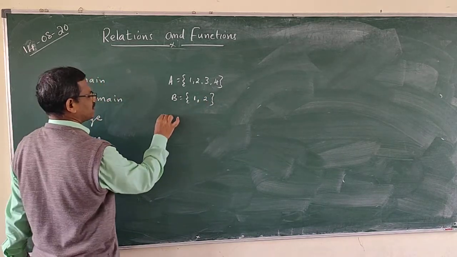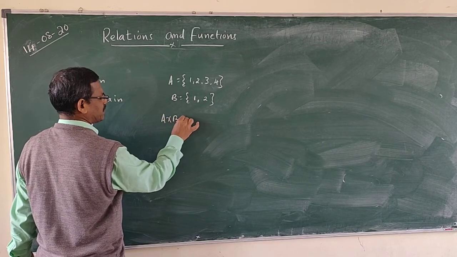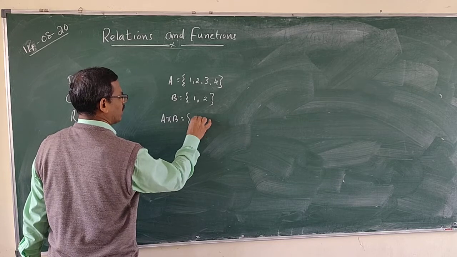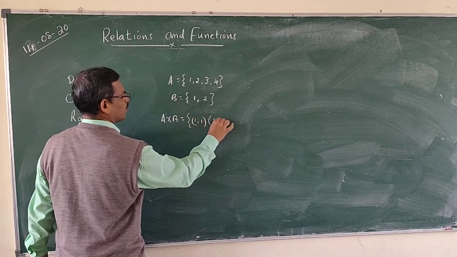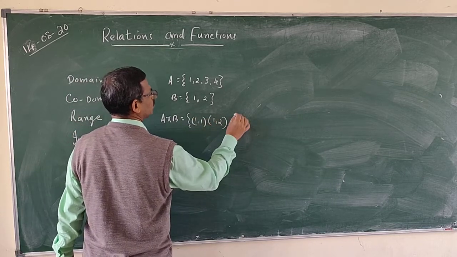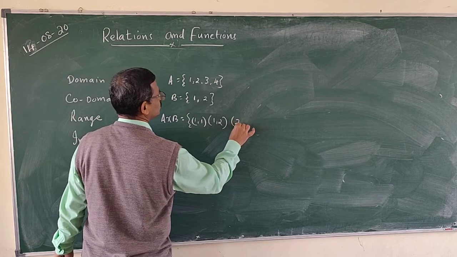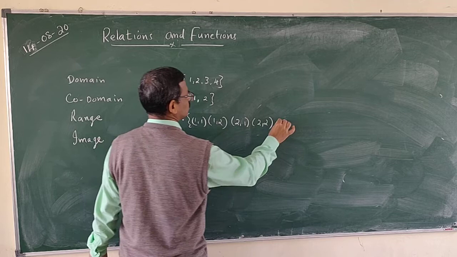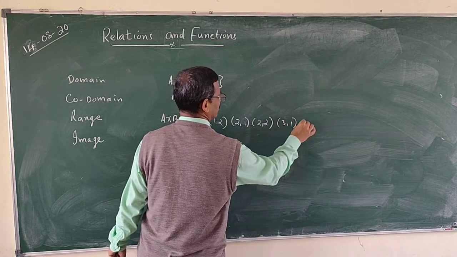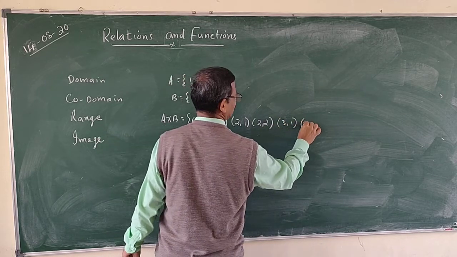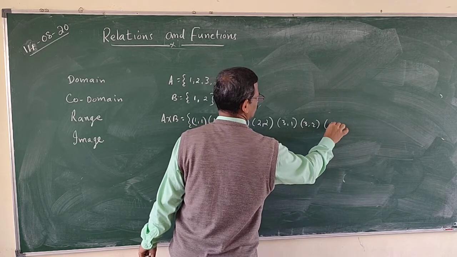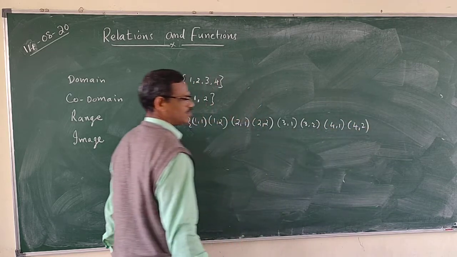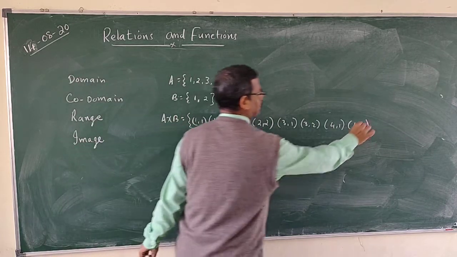Now the Cartesian product A × B is (1, 1), (1, 2), (2, 1), (2, 2), (3, 1), (3, 2), (4, 1), (4, 2). This is the product.